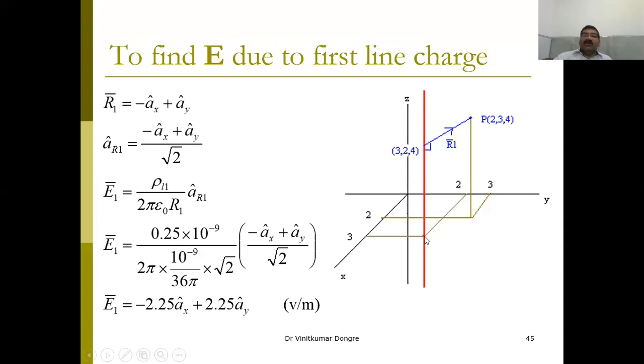So this is the intersection. The red one is the line charge. The point is given at (2, 3, 4). Now you have to find the perpendicular on the line charge. That is very simple. So the 2 points are there on the line charge. What are the line charge points? 3, 2.